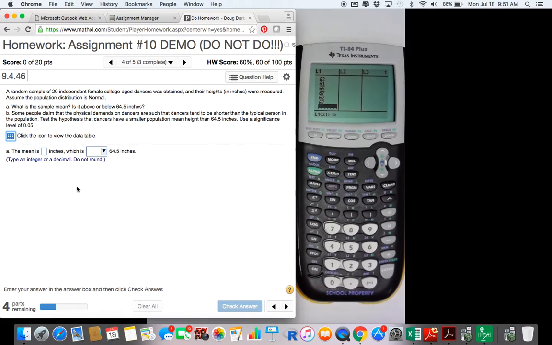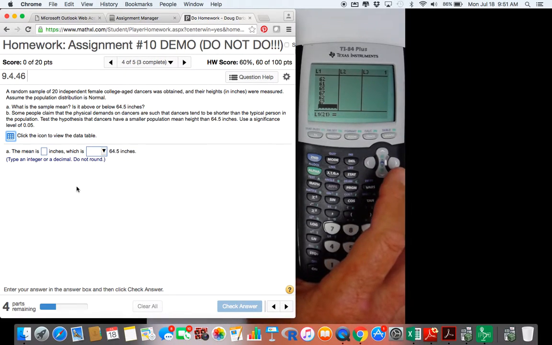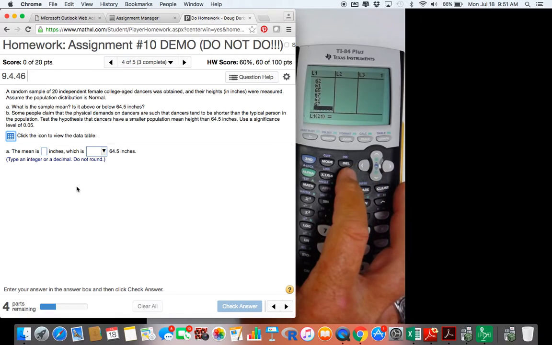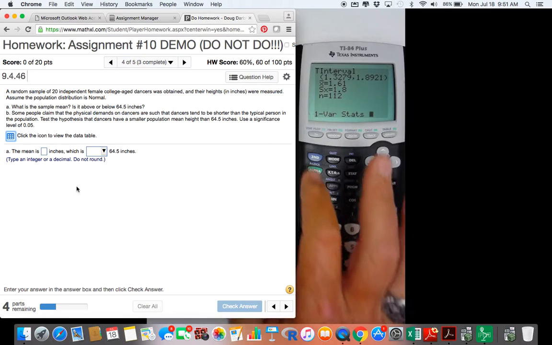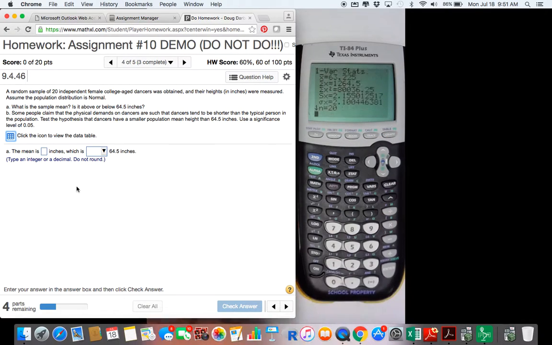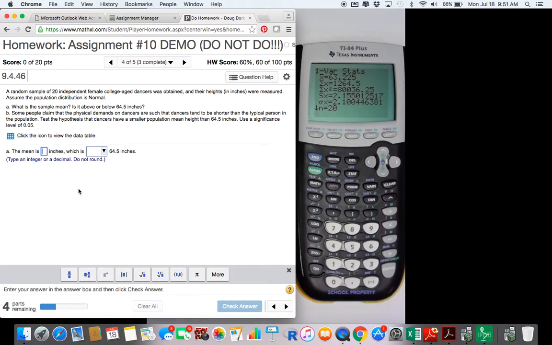All right, gang. So I need to find the mean of my sample. The way I would want to do that is just go to Calc 1 Variable Stats. I put this information in L1. So it looks like the mean is 63.225. So the mean is, let's just type that in, 63.225.